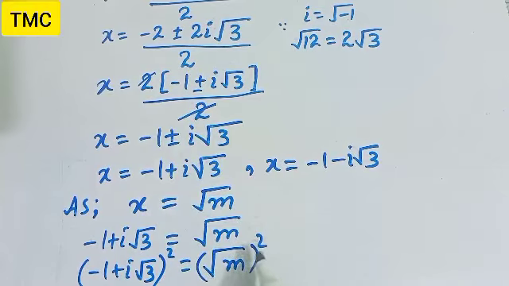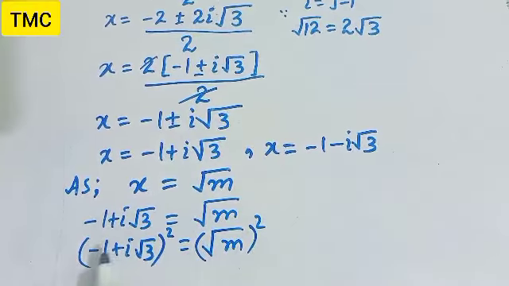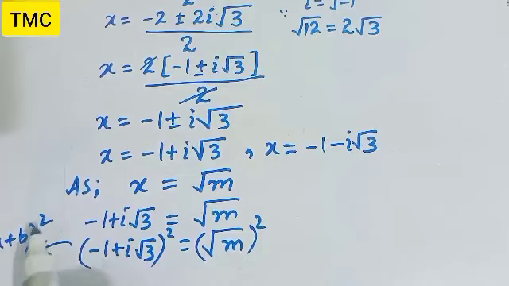Square and square root will cancel out on the right hand side, and on the left hand side it will become an algebraic formula, a plus b whole squared.